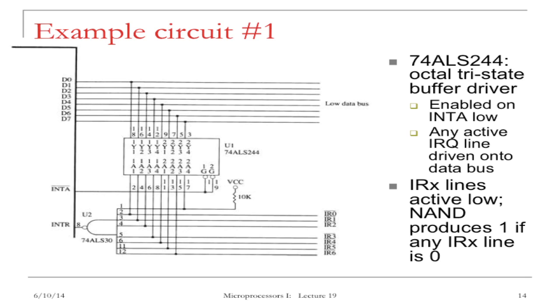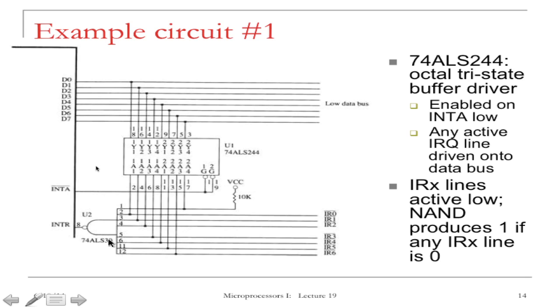And IR0 through IR6 represent the interrupt signals coming from each of these individual devices. Because these are individual devices, chances are these could be high at the same time, or could be low at the same time, because this is active low, meaning 0 indicates the interrupt is happening.